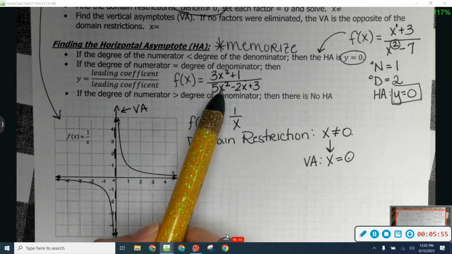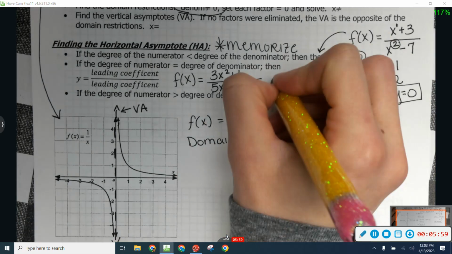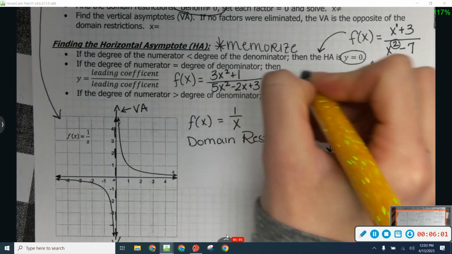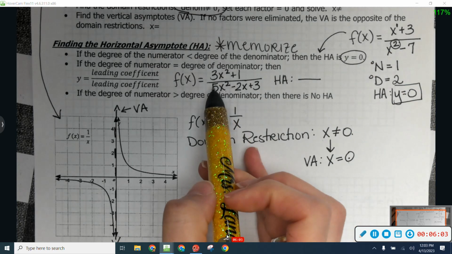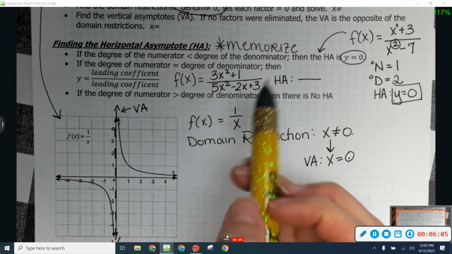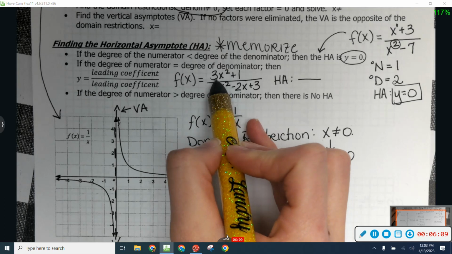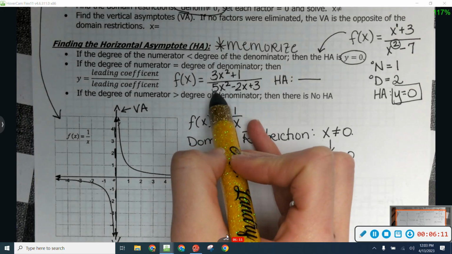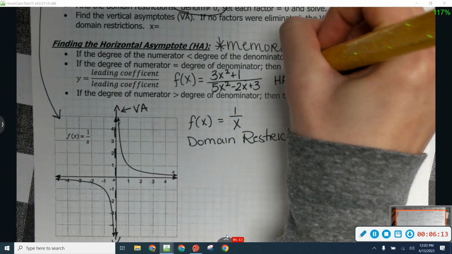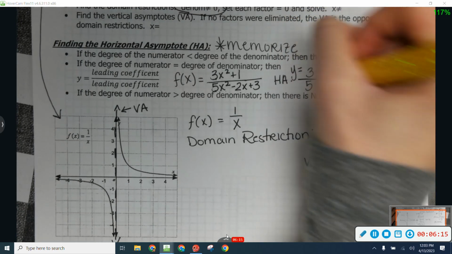That means the degrees are equal. Okay, so what I do for my horizontal asymptote is I take the leading coefficients and I set up that ratio. So my leading coefficient is 3, this leading coefficient is 5. My horizontal asymptote is y equals 3 over 5.